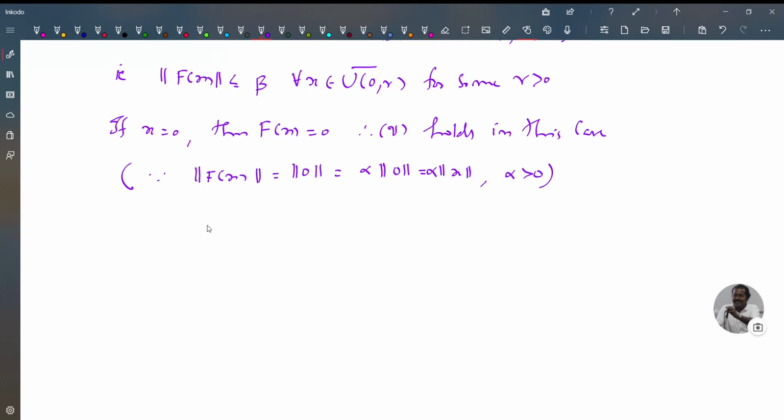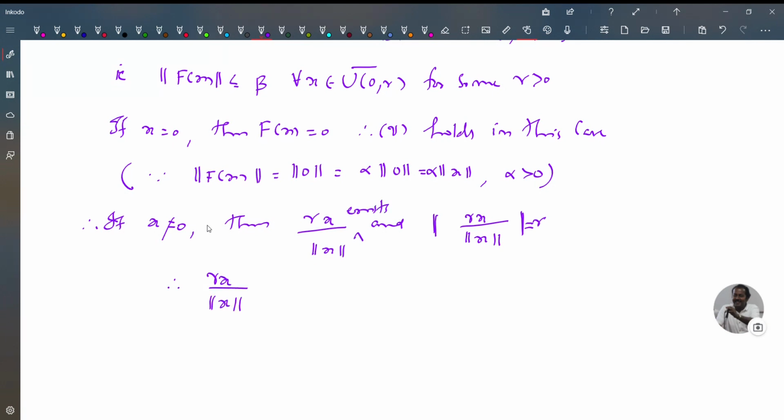Therefore, if x is not equal to 0, then r x divided by norm x exists, and we have norm of r x by norm x is equal to r. Therefore, r x by norm x belongs to the closure of U0(r).